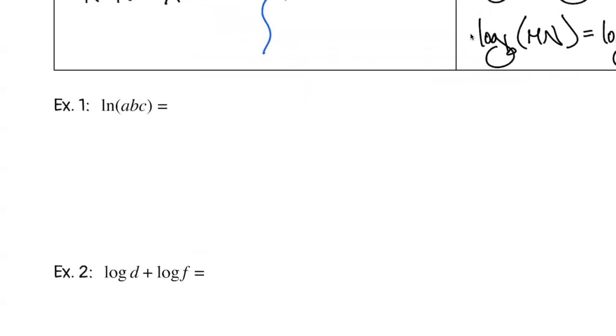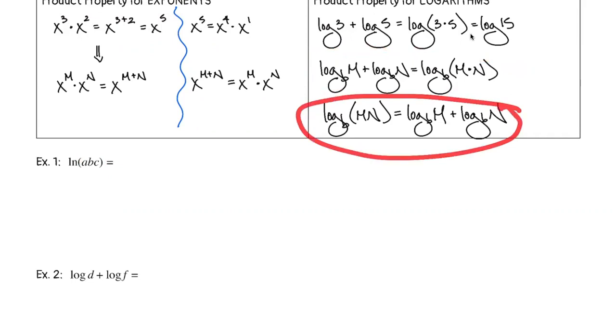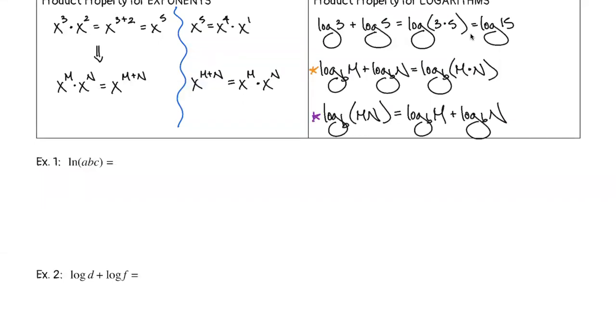In this case, I have a single log of a product. And so do I want to use this first rule in that direction or the second rule in this direction? Call this one orange. Call this one purple. Do we want to use the orange one or the purple one?